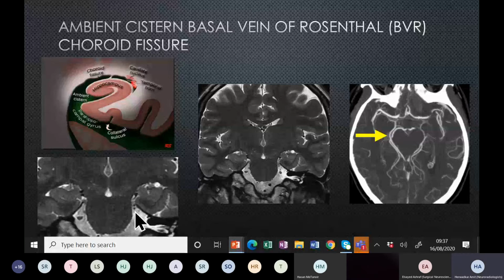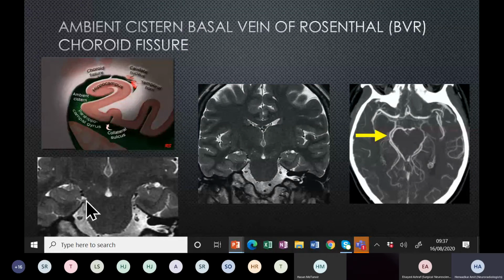You can see the temporal lobe, the temporal horn, and the structure underneath, which is the hippocampus, and that's the ambient system here. From here you get the branches of the posterior cerebral artery, which pierce this space called the choroidal fissure, this small space through which the branches enter and supply the choroid plexus of the temporal horn.